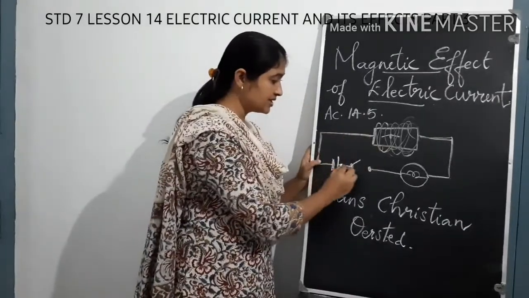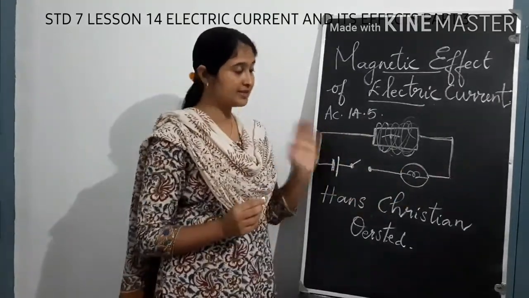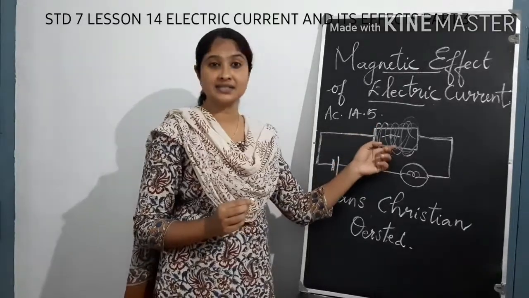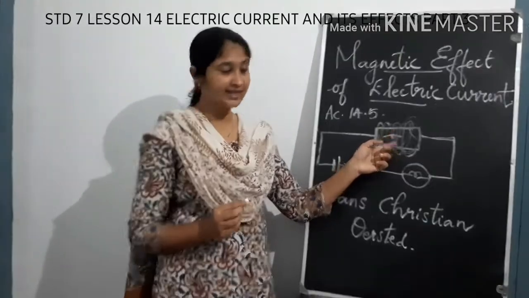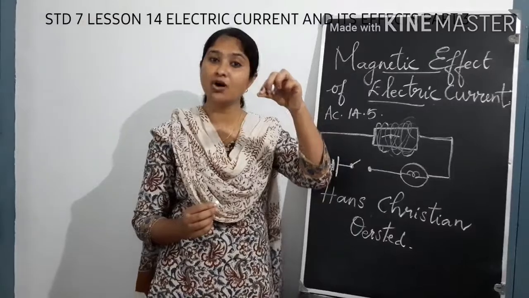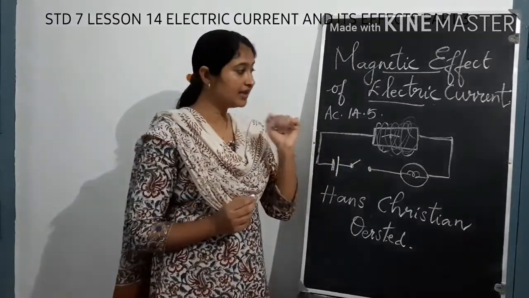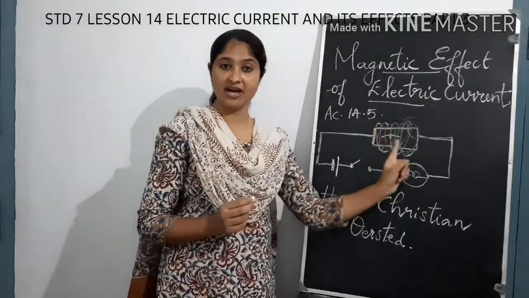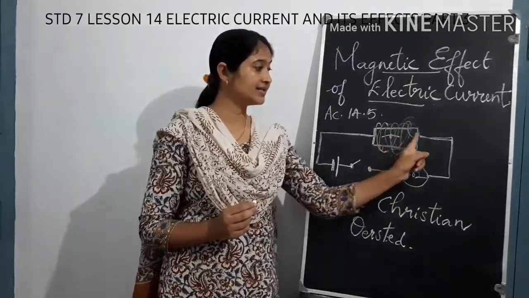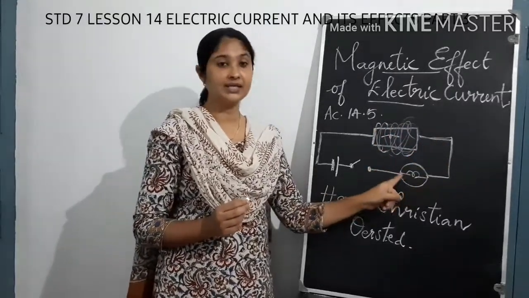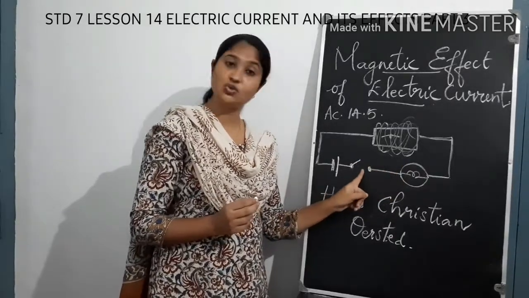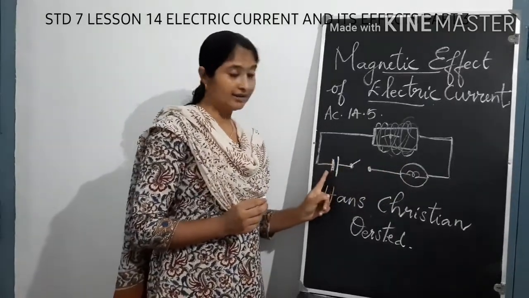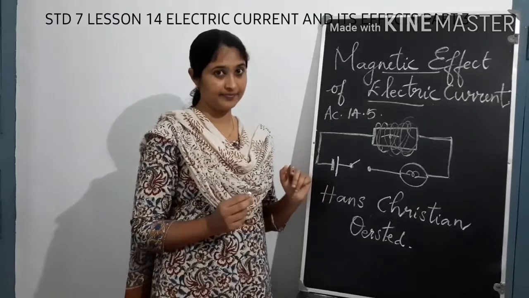So this is the circuit diagram of that. So you have taken a match box tray. Inside that you have a small compass and the wires, you have to wound the wires on it and then connect it to the switch and the electric cell.